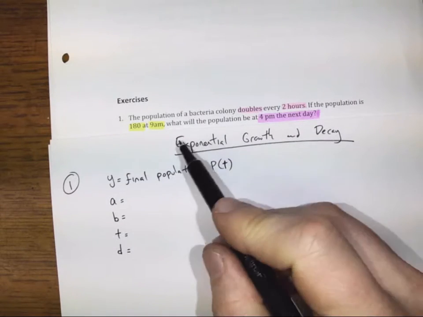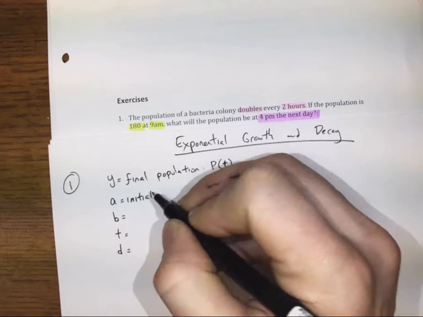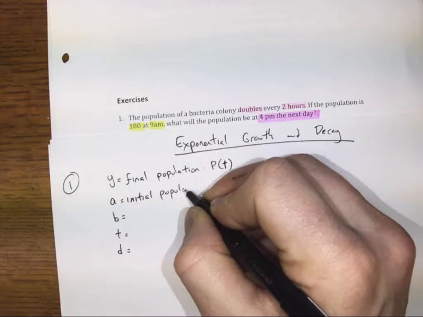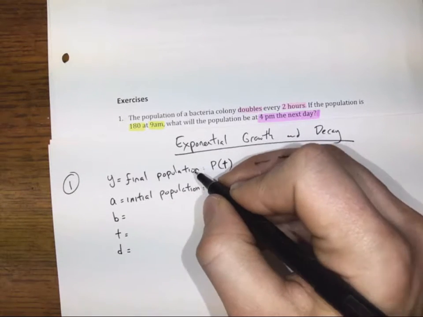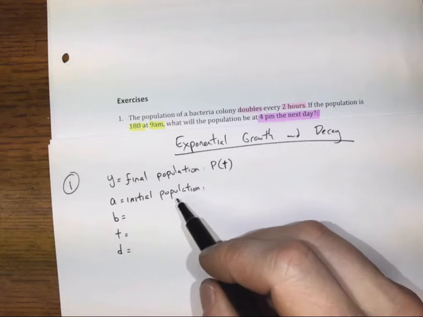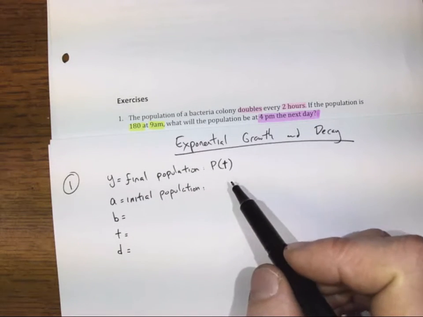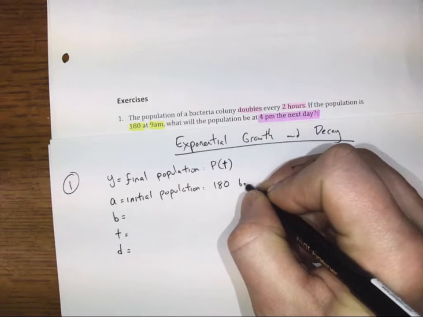Our initial value, our initial population. I think I'll take my time on this first one, writing out my thoughts a little bit more clearly, especially since there was somebody absent today. So our initial population is going to be 180 bacteria.